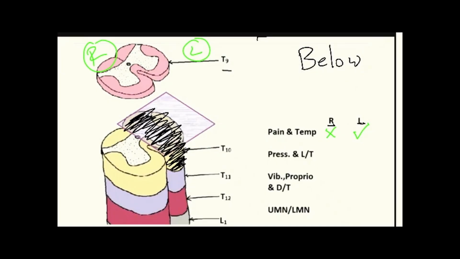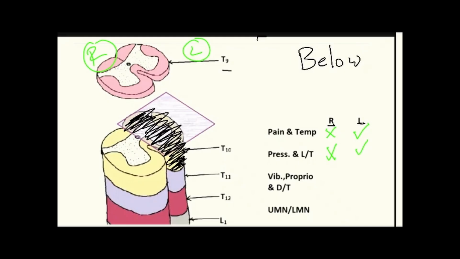Pressure and light touch follows the same thing as pain and temperature. Will I have any sensation of pressure and light touch on the right side below the injury? No. Will I have on the left?